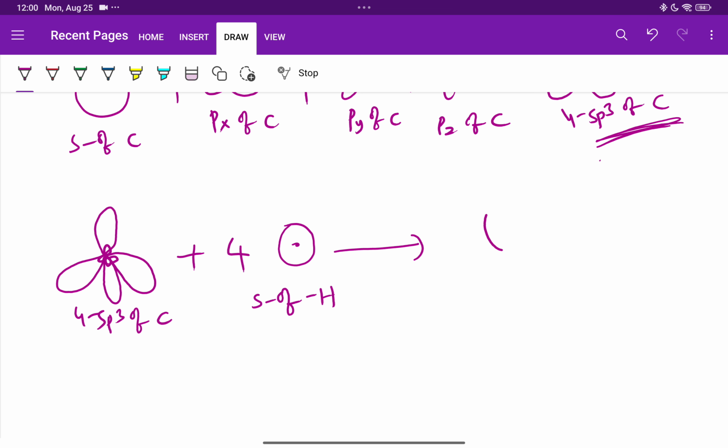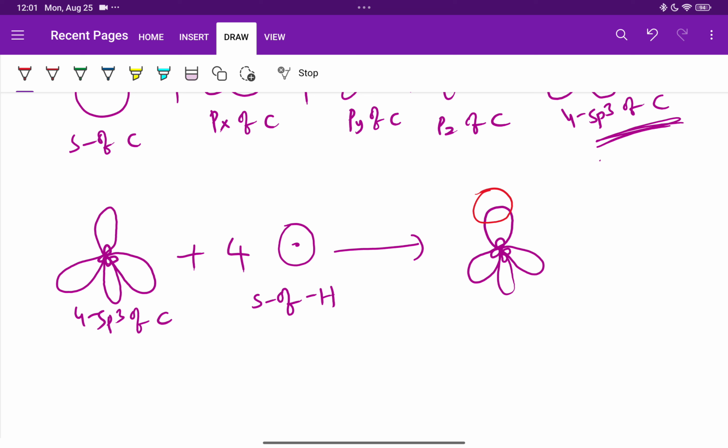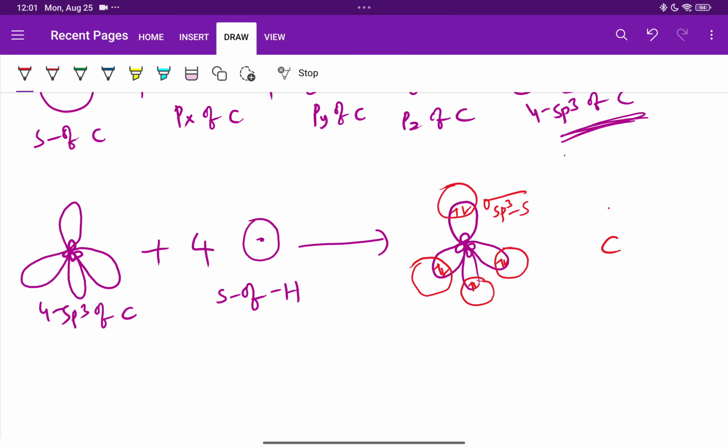Then here the overlapping: this is the first hydrogen s, the second hydrogen s, the third hydrogen s, and the fourth hydrogen s. So here you will get electron pairs, and the overlapping is called sigma sp3-s, and it looks exactly like carbon with four hydrogens.